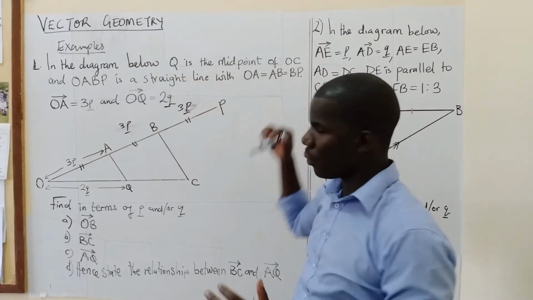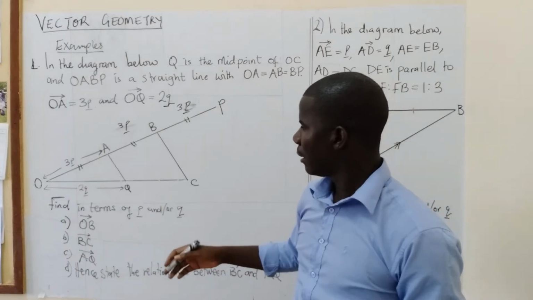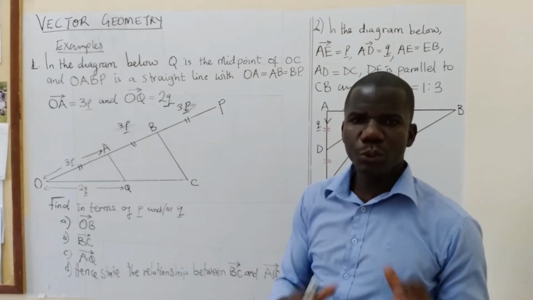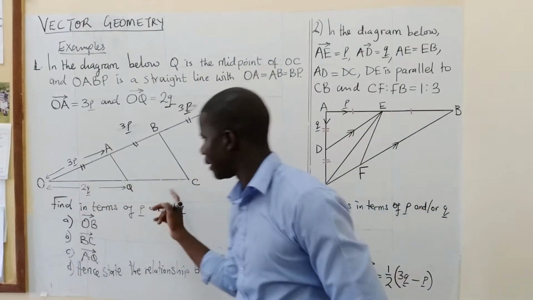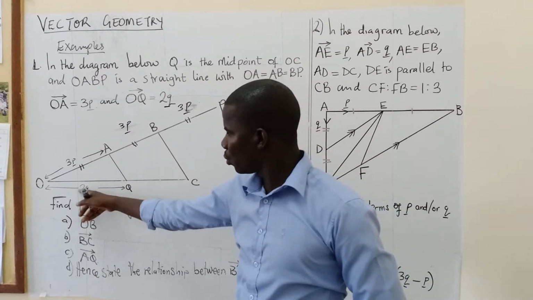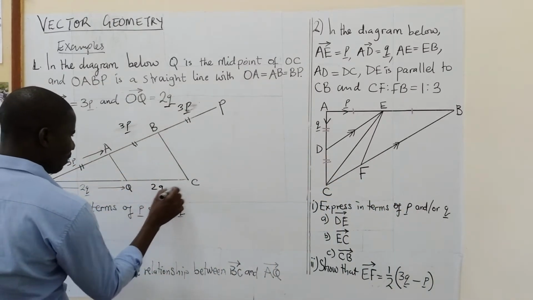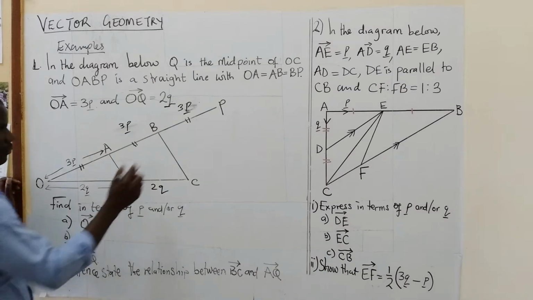When something is a midpoint of another, it cuts the other thing halfway into 2 equal parts. So if Q is the midpoint of OC, this is 2Q, and even this part is 2Q.